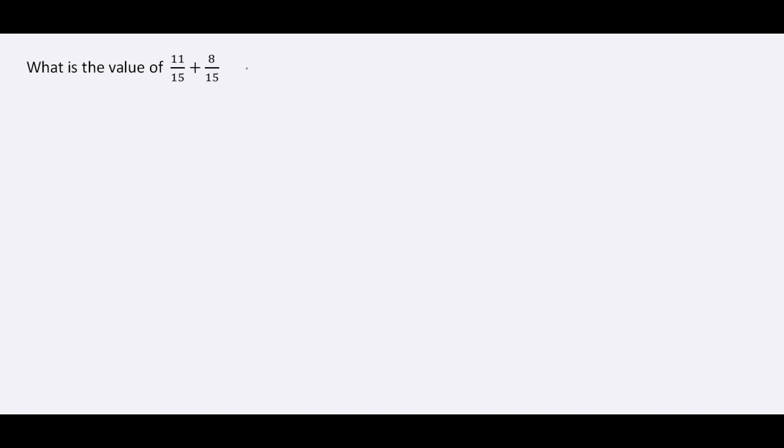The next one, we have 11 over 15 plus 8 over 15. Denominator is 15, so we have 11 plus 8. Now we have 19 over 15. So let's go ahead and solve this here. 19 divided by 15. How many groups of 15 in 19?